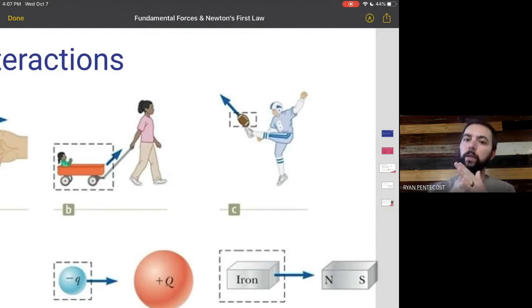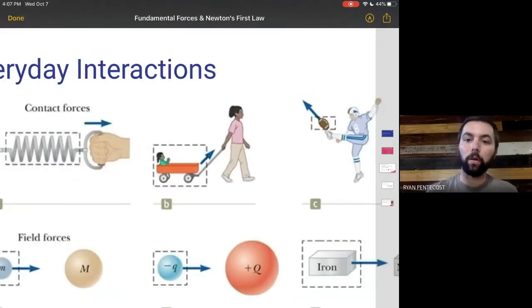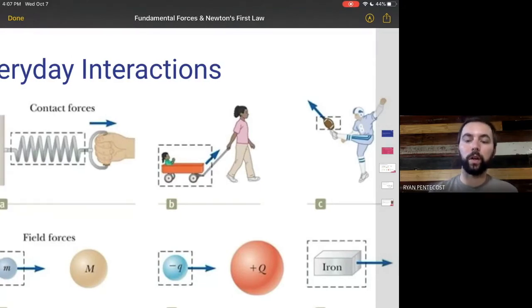He's getting extremely close, and the electron clouds covering the atoms of his shoe are repelling the electron clouds of the football. If you send your field against the football's field harder, it will move away faster. Then there's the geometry of the football that gets involved, and it gets crazy. But this top row is electromagnetism: pushing the ball with that foot, and pulling the spring and the wagon. Pushing and pulling are all electromagnetism.